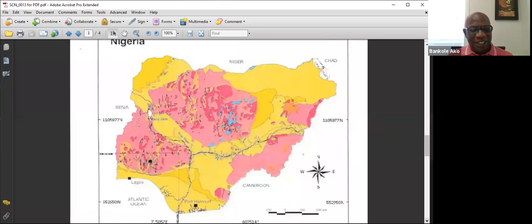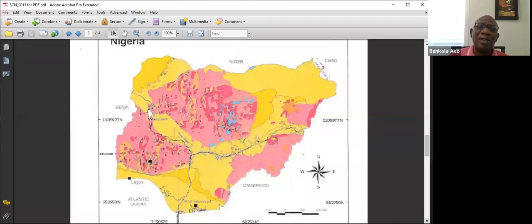Understanding the geology of Nigeria. I've just put up that map, which I got from the net also. Figure 3. It shows one example. There are several examples of geological map of Nigeria, but this shows one of them.